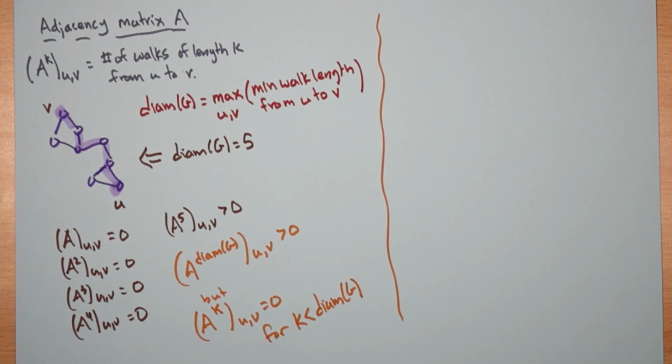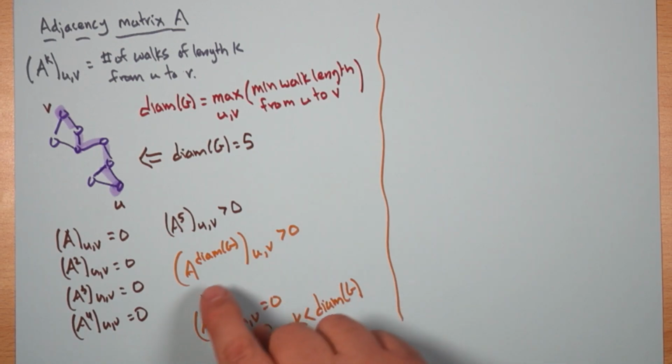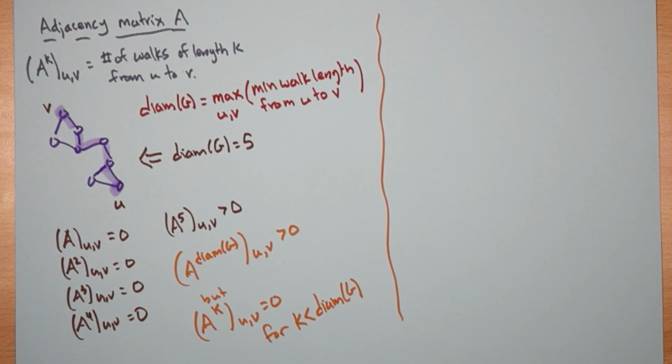Now that we know there's some entry which is 0 for a while as we look at powers, and then suddenly it's non-zero, we want to take advantage of that. So now we're going to detour for a second and talk about characteristic polynomials.